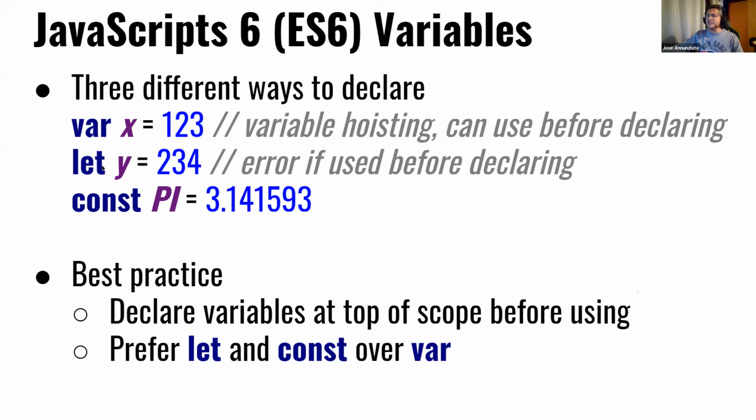Instead, you should use either let or const. let means this is a variable that's going to change over time, and you can change the value anytime you want. But you have to first declare it, and then you can change its value. As opposed to before with var, where you can use the variable without declaring it, and then declare it later.